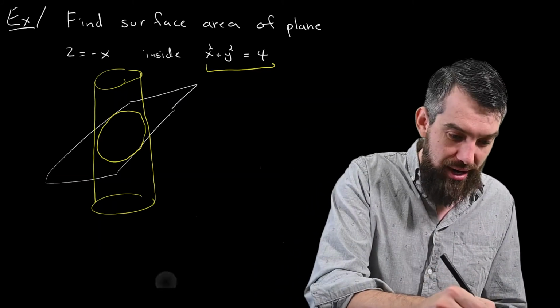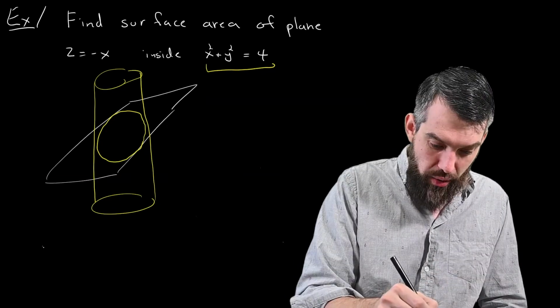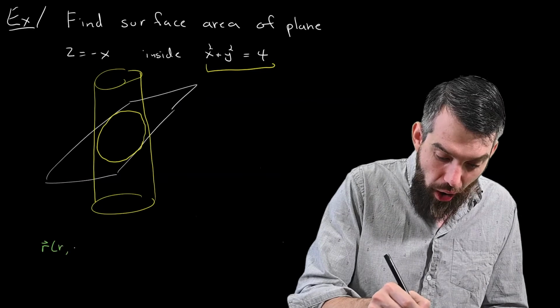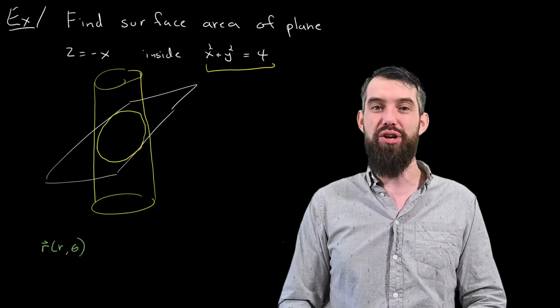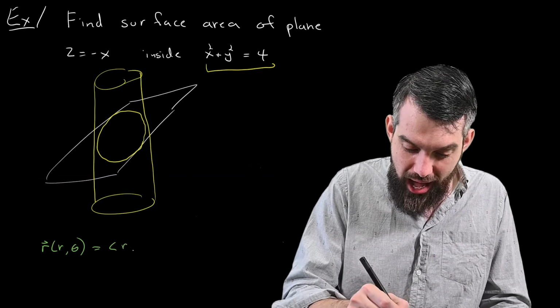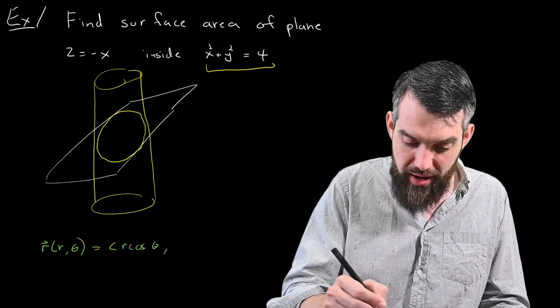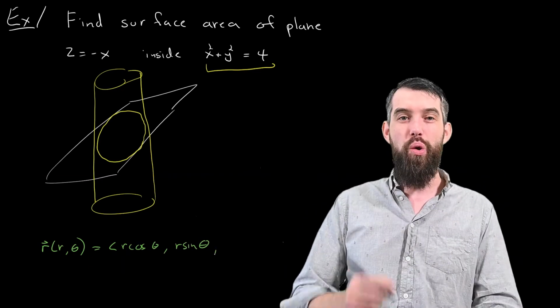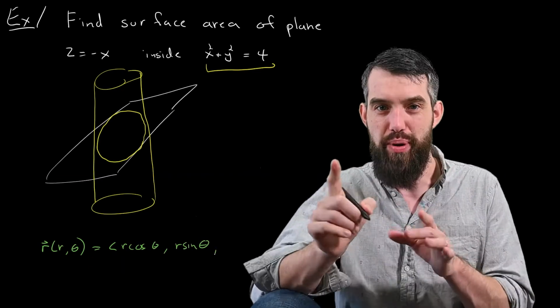So I'm going to parameterize it as follows. My position function as a function of r and theta, using standard polar coordinates, is going to be written as r cosine theta in the i hat component, r sine theta in the j hat component. And then what should I do for the z component?